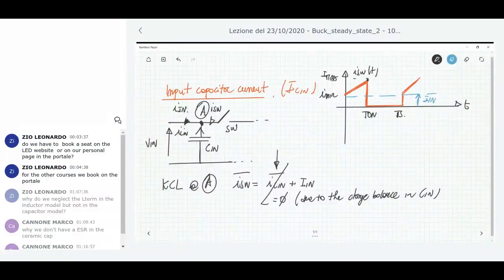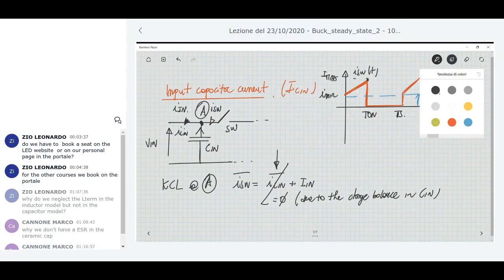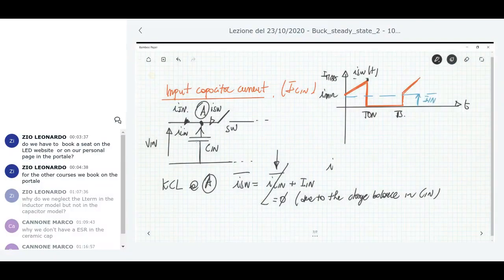So if you want to derive the current flowing to the input capacitance, we can choose, for example, the Kirchhoff current law for the instantaneous value.